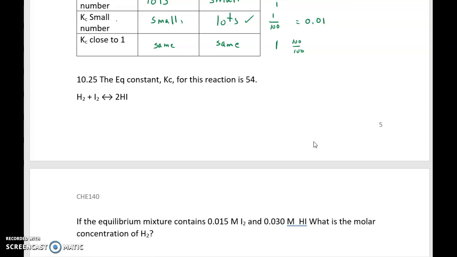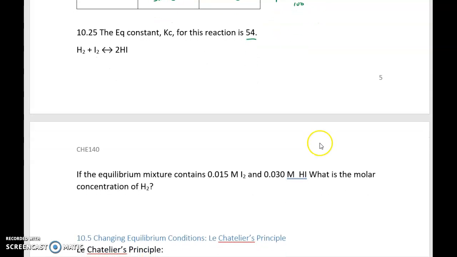The equilibrium constant for this reaction is 54. If the equilibrium mixture contains this much iodine and this much hydrogen iodide, what's the molar concentration of the hydrogen? So what I'm going to do is first write down what I know. I know the equilibrium constant is 54.